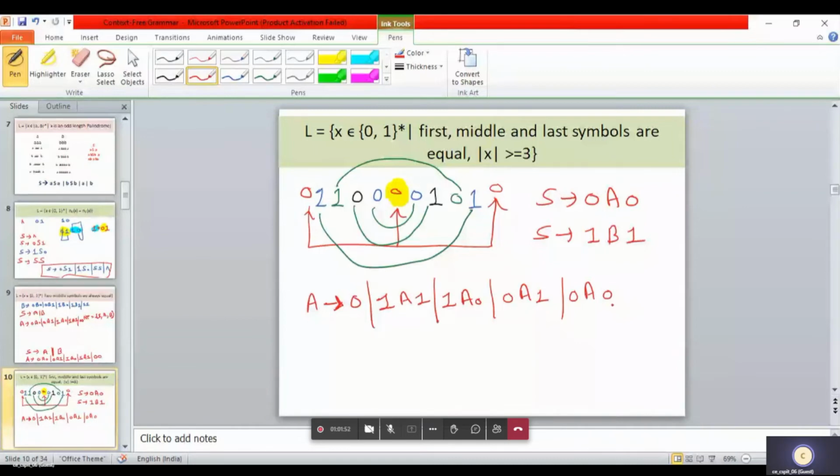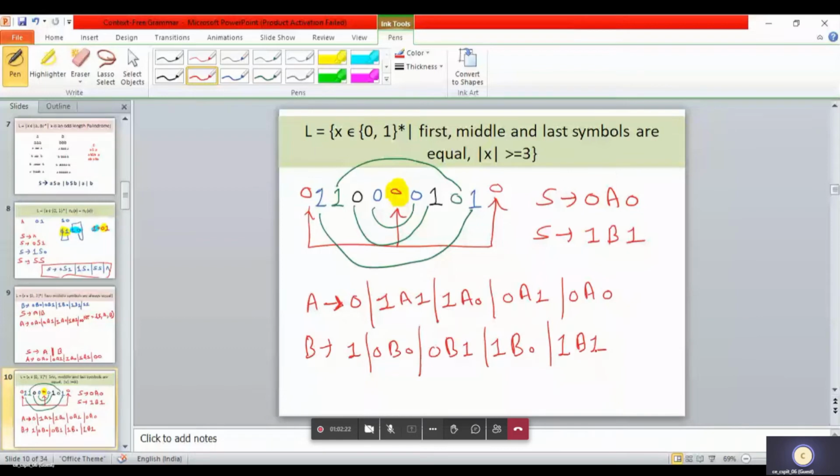So it will be in the middle position. And similarly for non-terminal B, we have the same approach. The middle symbol will always be 1, and we have all the options valid. So we can write 0B0, 0B1, 1B0, 1B1. So we are getting this grammar.